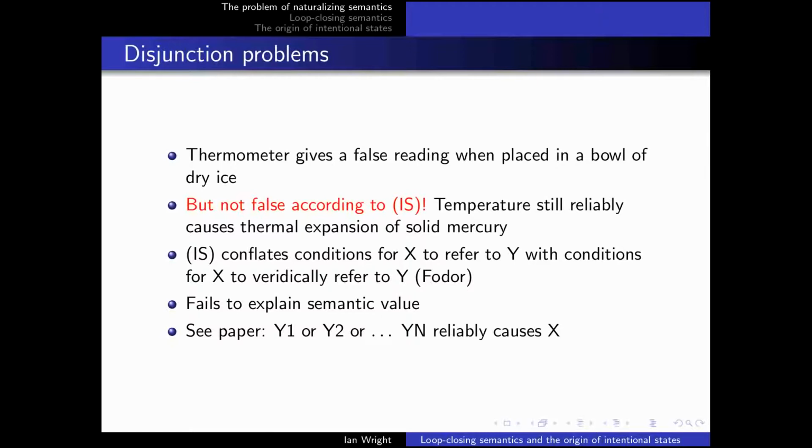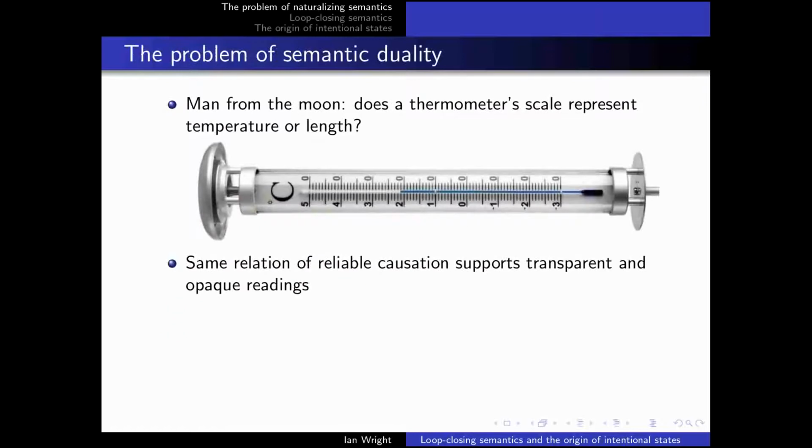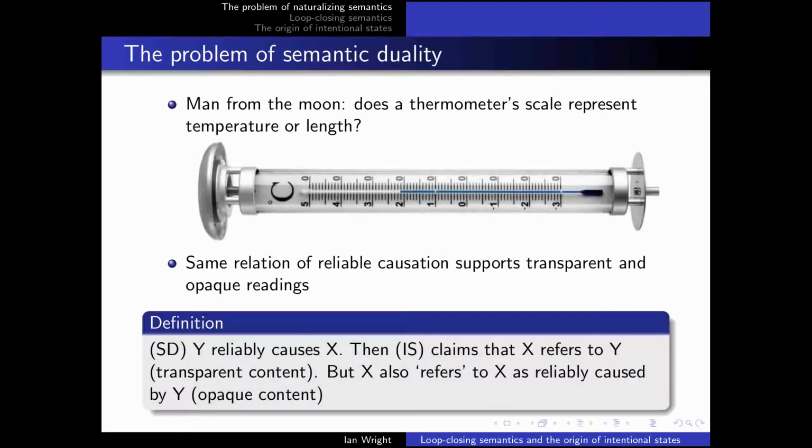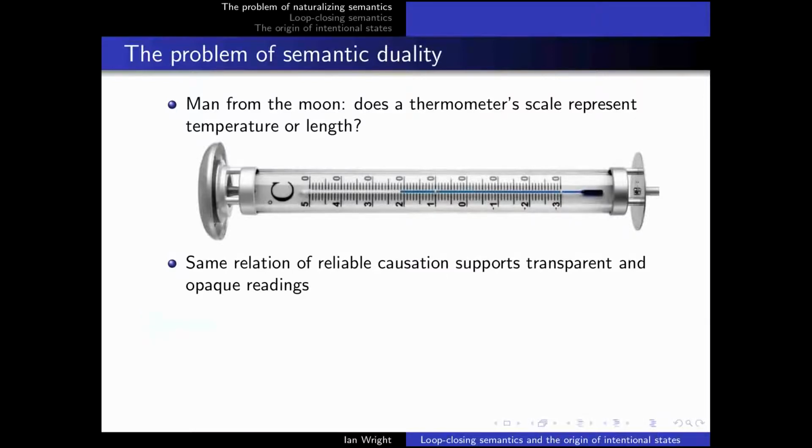So here's another problem. Imagine you are a man from the moon, and you find this strange artifact on the ground. What does that scale represent? You experiment and discover that its reading is reliably caused by temperature. So now you have an aha moment. The scale must represent length, and the purpose of the device must be to measure the thermal expansion of mercury.